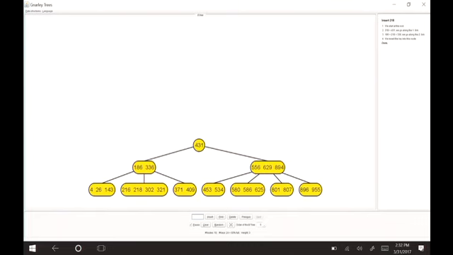Oh no, there isn't a child. Uh-oh. I don't know what we should do. So let's try it and see what happens.